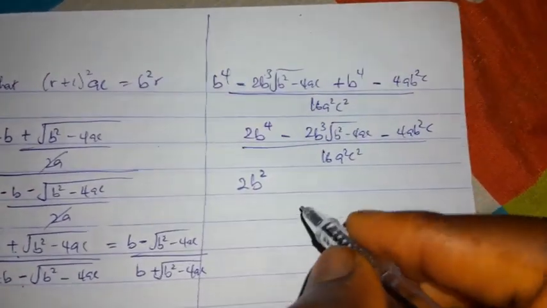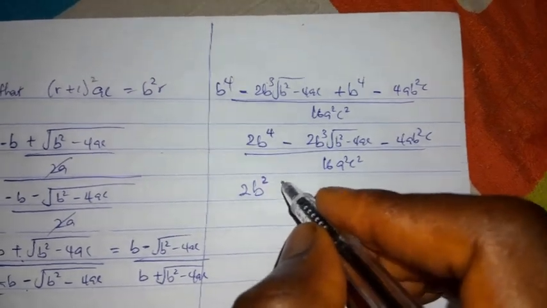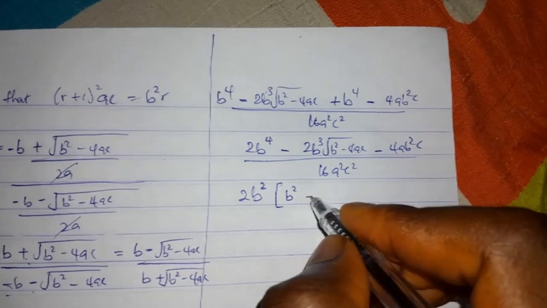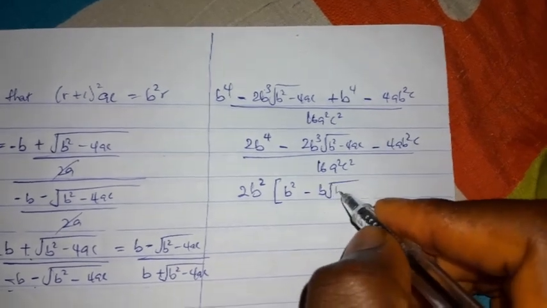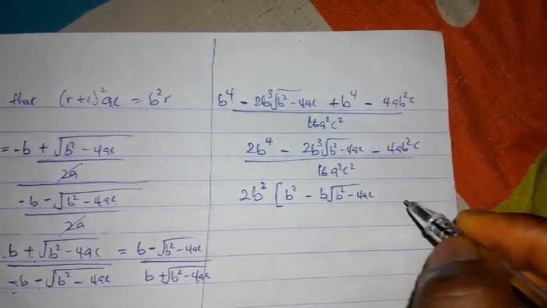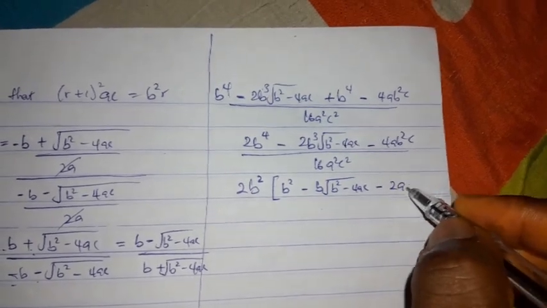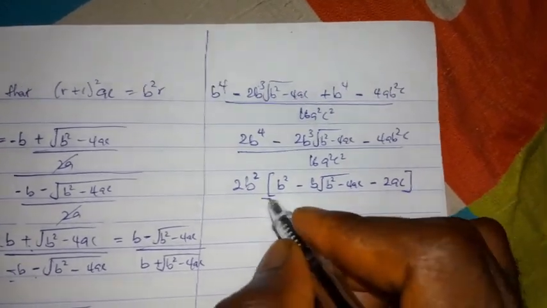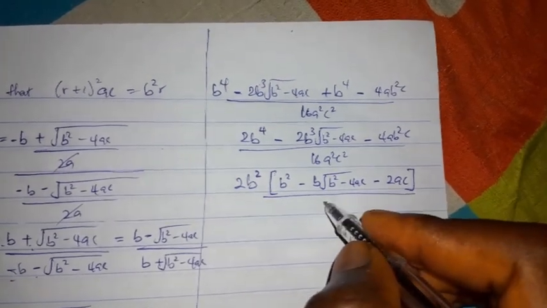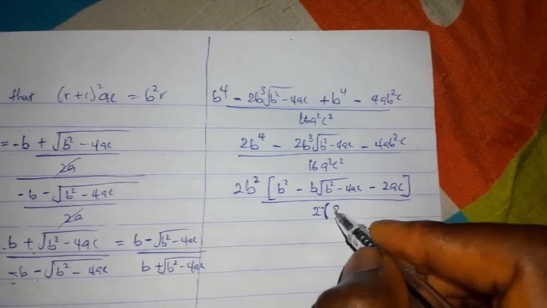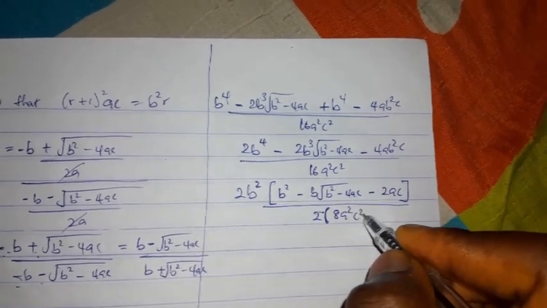If 2b squared comes out here, then what now remains? What remains is what? b raised power 2 minus b square root of b squared minus 4ac, then minus 2ac all over what? If 2 comes out, what remains? What remains is 8a squared c squared.